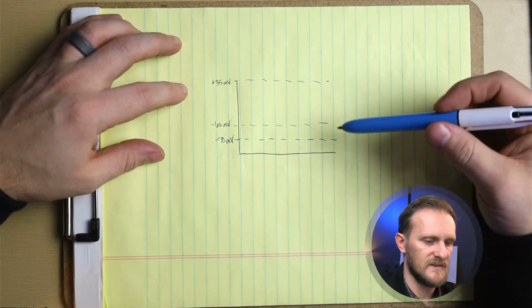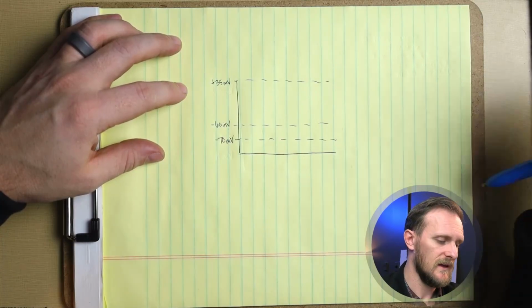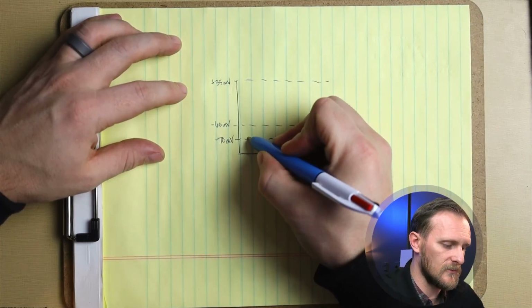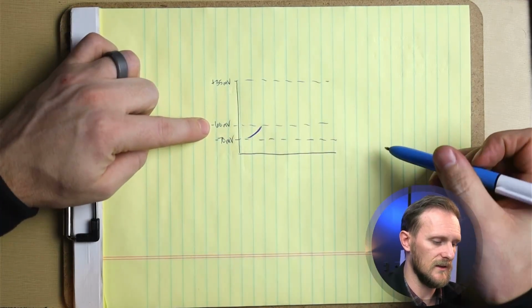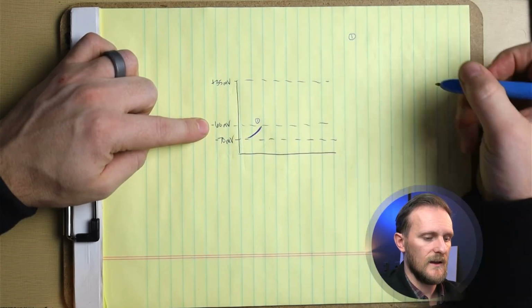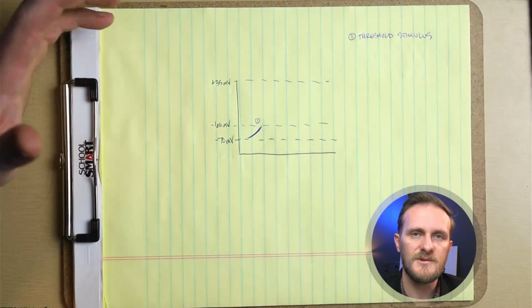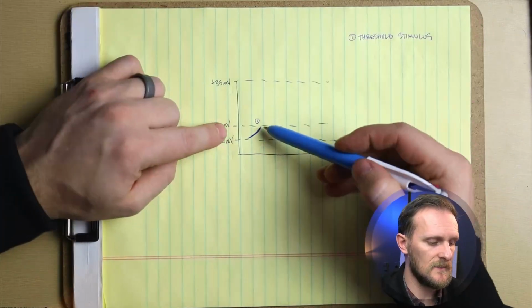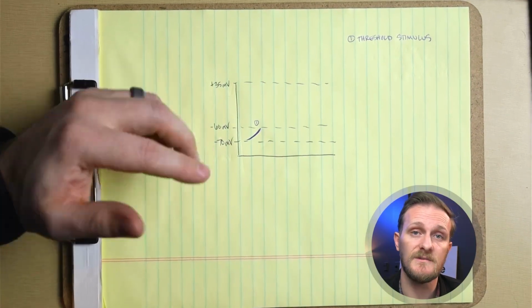So in an action potential, there are 5 main events taking place. The first one happens from resting potential up to this 60 millivolt line. And so we might call this step number 1. Step number 1 is the threshold stimulus. And the threshold stimulus is essentially just the minimum amount of voltage needed for that neuron to consider the message important.